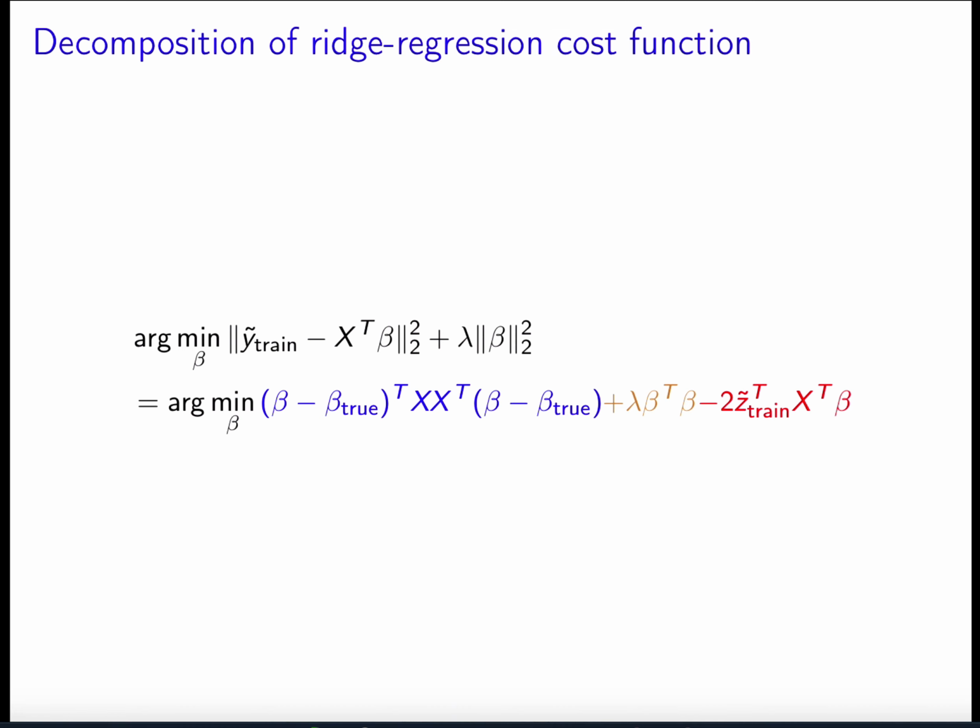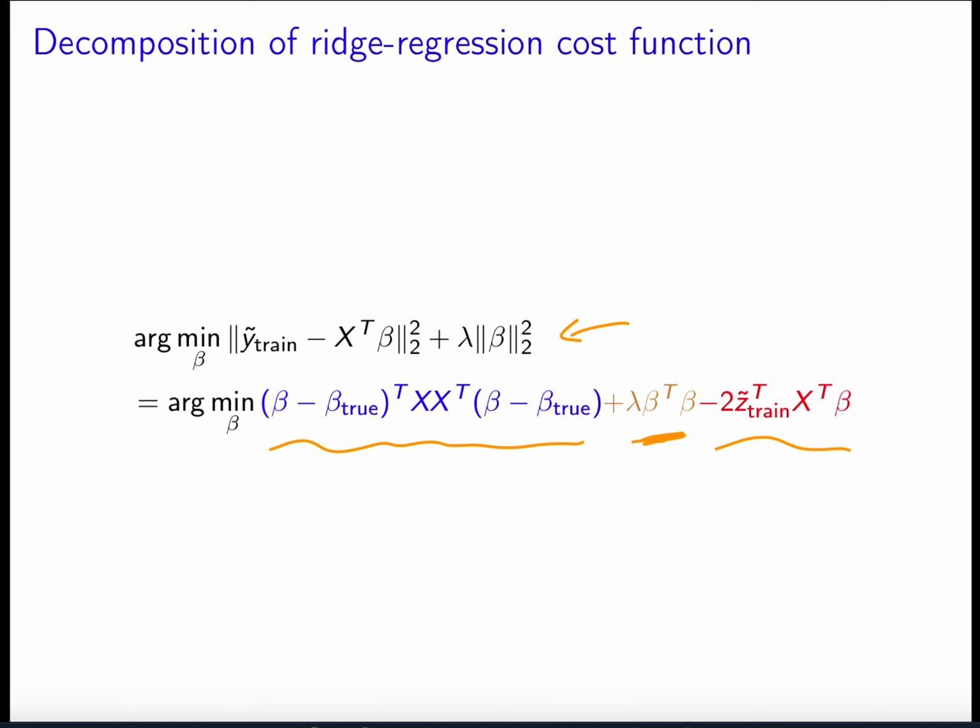If you remember, with ordinary least squares, we had expanded this expression into two terms, this term and this other term, to study the coefficient error. Here we can do exactly the same expansion, except that we have an extra term, that is this beta transpose beta.